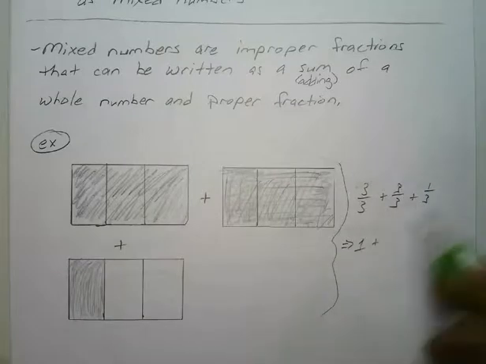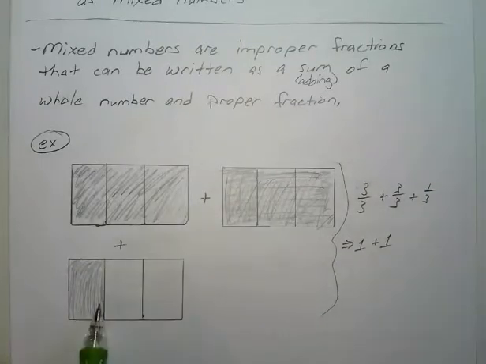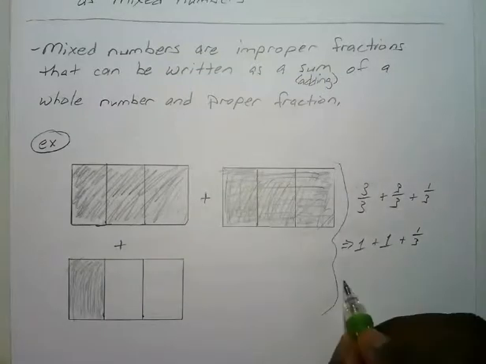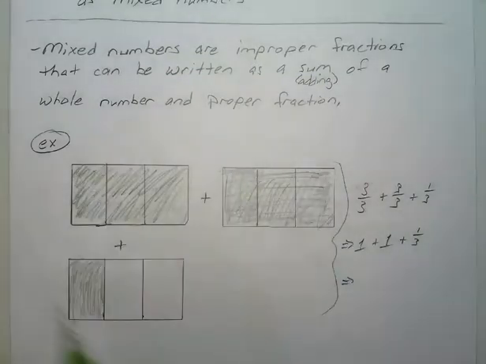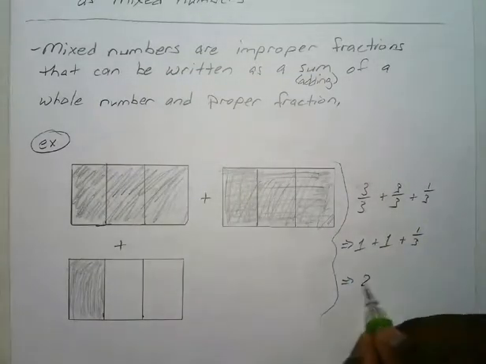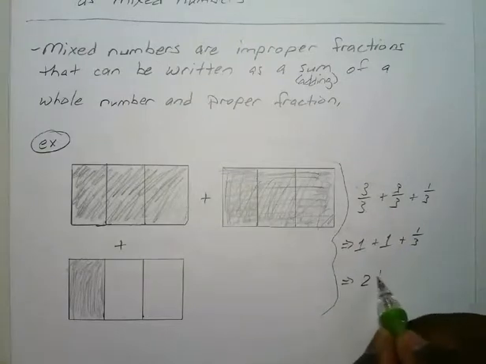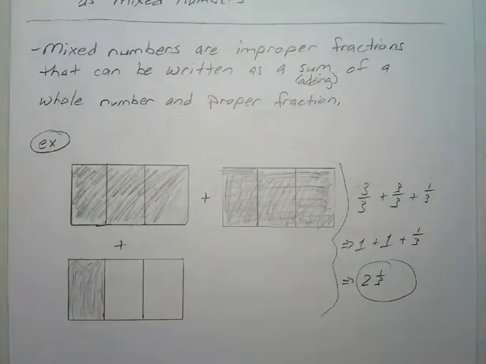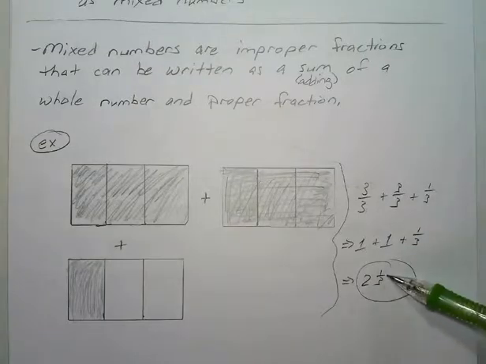And 3 divided by 3 is 1. And this one is just 1/3. So all 3 of these together would be 2 and 1/3. You have your whole number added to your fraction.